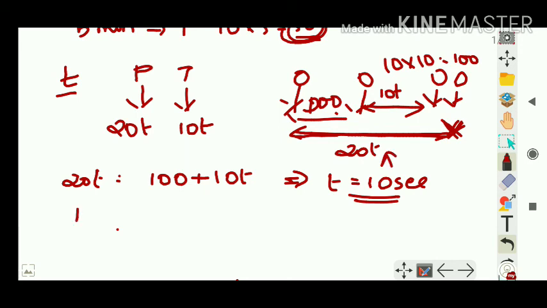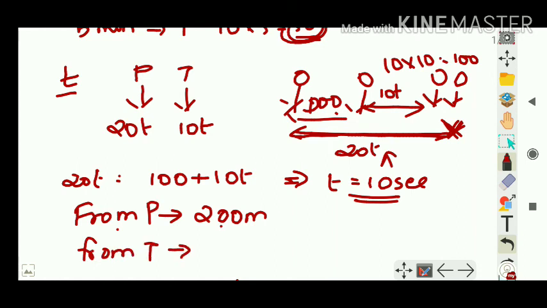So from police, the catching point is at a distance of 200 meter. From thief, the catching point is just at a distance of 100 meter. Clear?